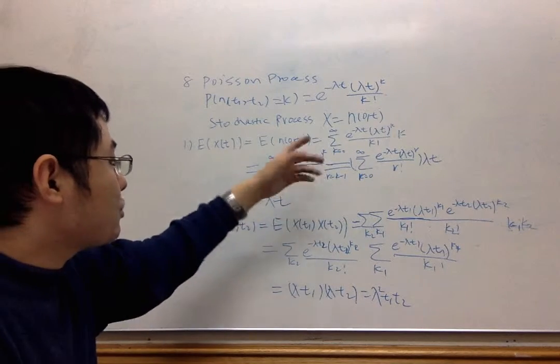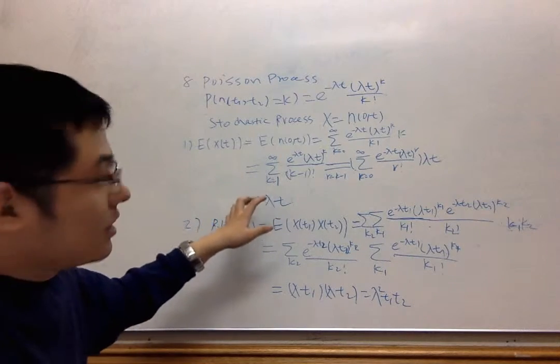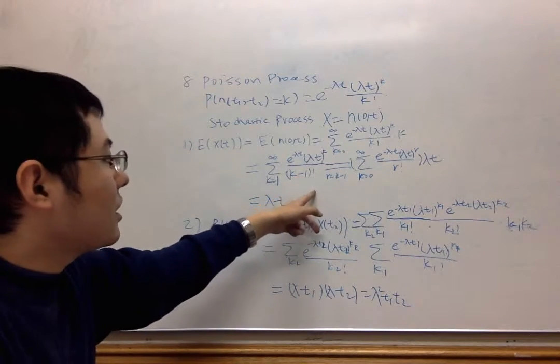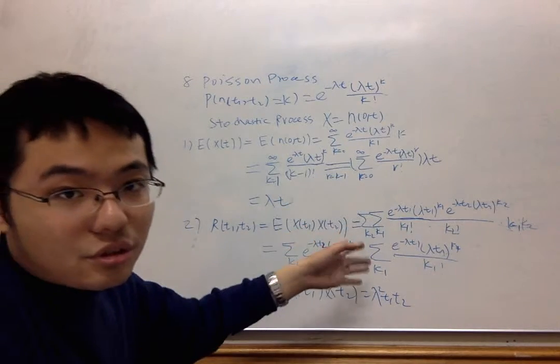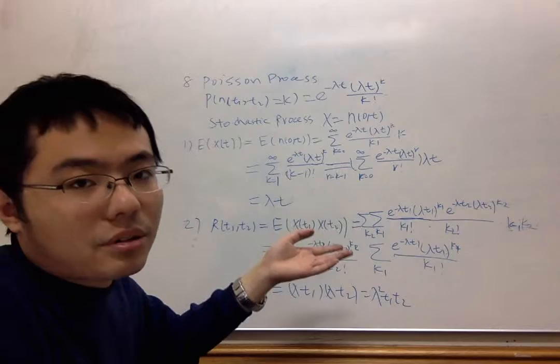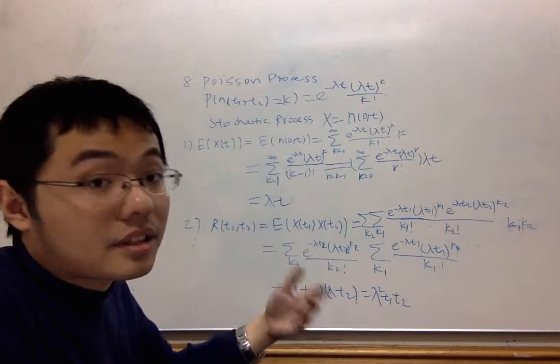And we do some trick here: we substitute k minus 1 with r. It's just a dummy variable, so we will not change the result.